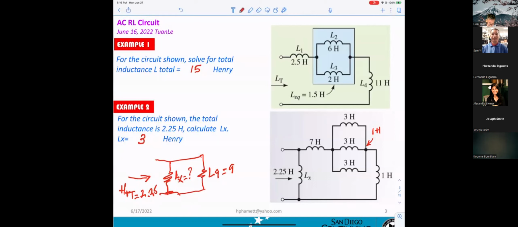Using here, L equal LX times L9, divided by LX plus L9, and that equivalent equal 2.25.